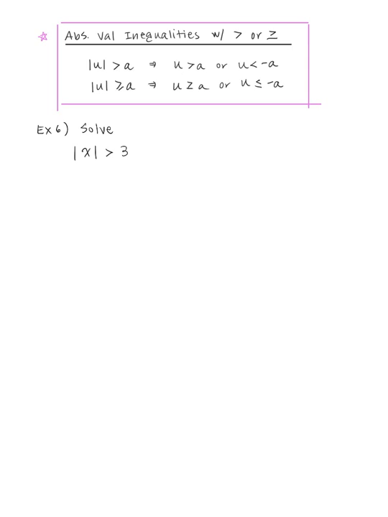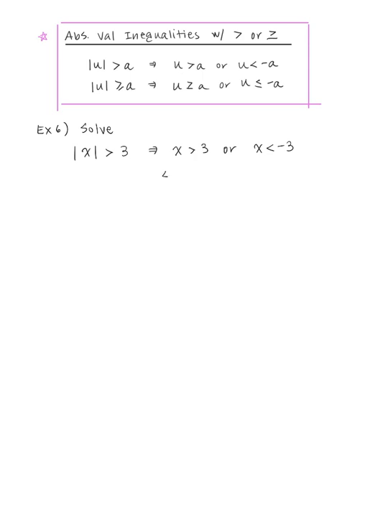Now this implies that when you drop that absolute value, you're going to have a positive side of 3 and a negative side of 3. So on the positive side of 3, your inequality sign stays the same. And if you take the negative side, your inequality sign switches. So this is what we're going to get. We're going to have x is greater than 3 or x is less than negative 3.